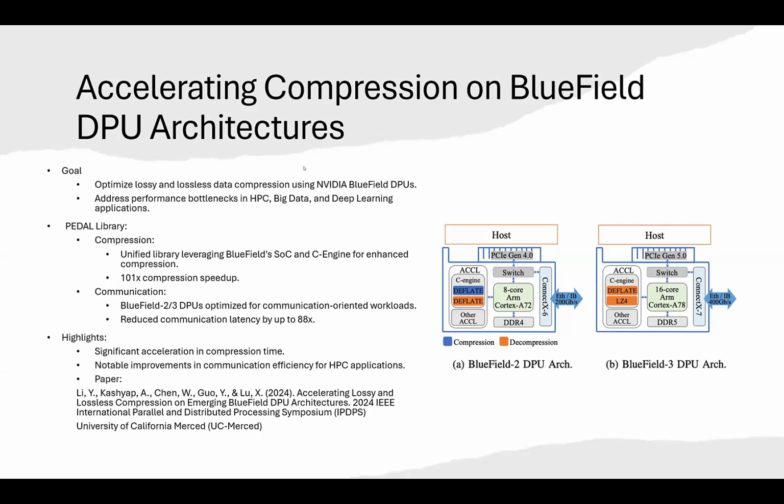There is a paper that appeared at IPDPS that talks about that, and I encourage you to read about it. But this is another way that is using the BlueField compression engine to accelerate these components. And if we go with the next slide.